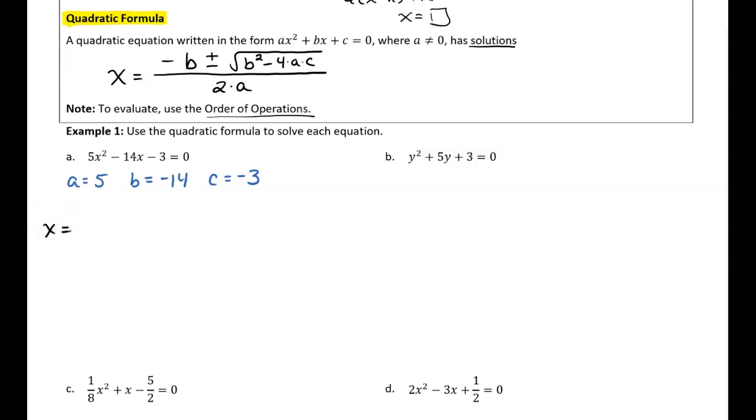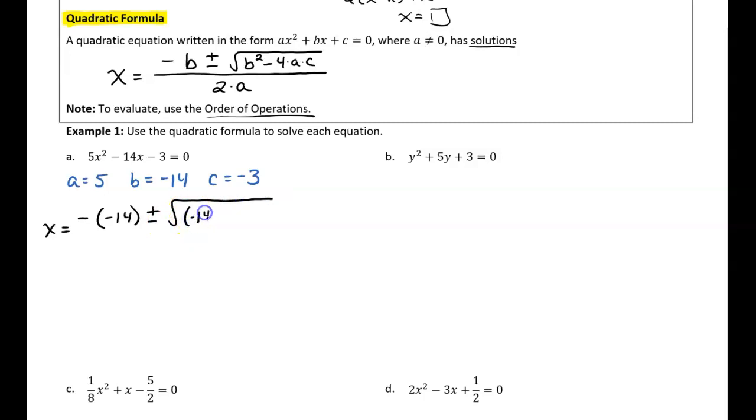So once I have my a, b, and c written out in this way, I can begin plugging in my numbers. So my formula goes negative b. So there's a negative in the formula, but I also have a negative in my value. So I'm going to put my value in parentheses to make sure I remember. There's a negative from the b and a negative from the quadratic formula. Then I have this plus or minus square root.